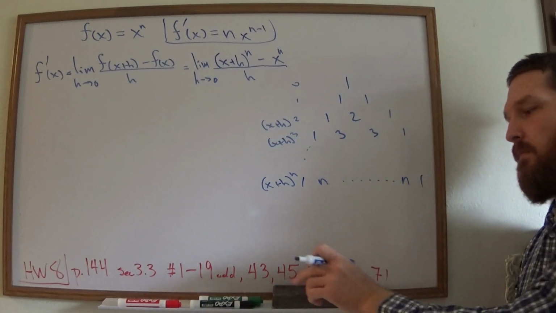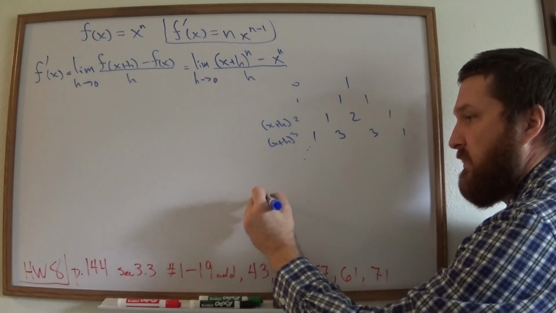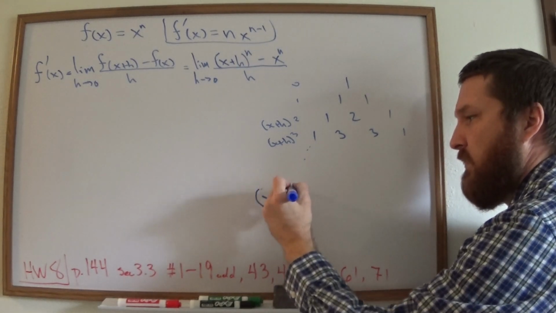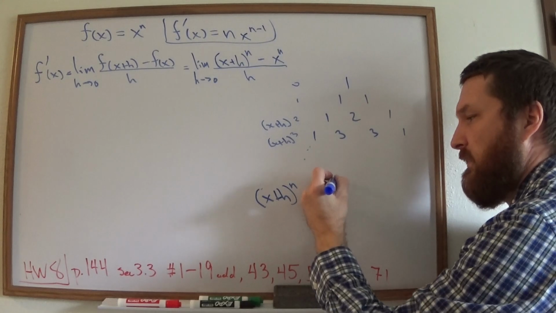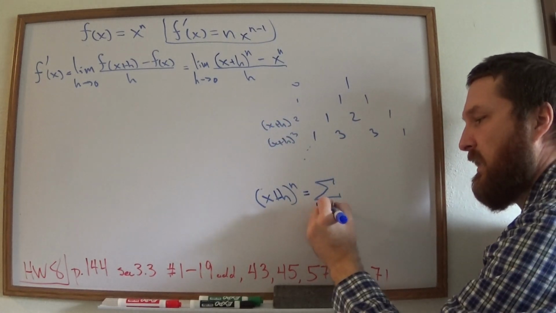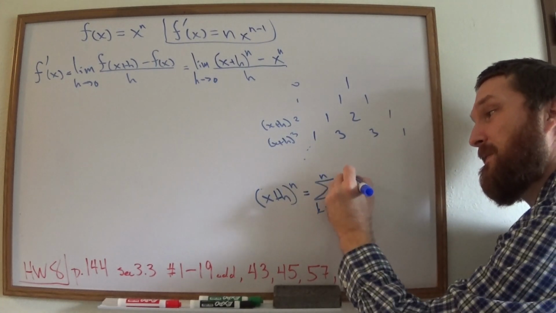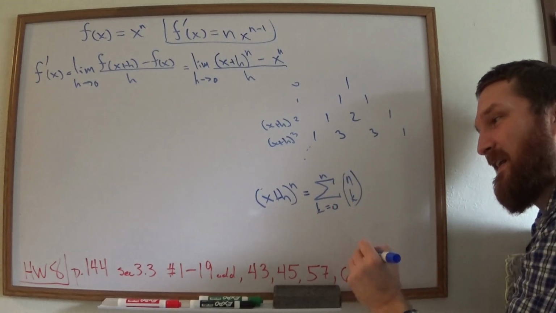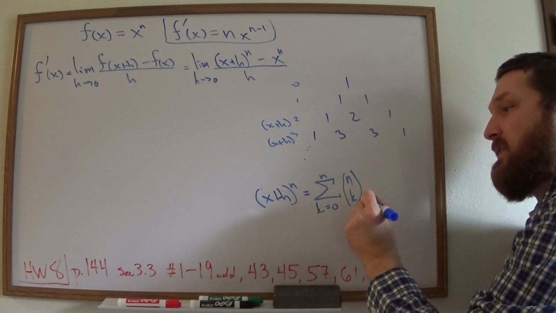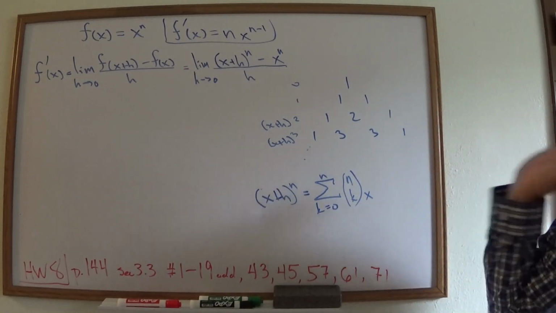We could also say, because we did this last year, okay, well first off, x plus h raised to the nth power, we write that as a sum. And I'm not going to write it as a sum up there, but let's just remember what this is. As k goes from 0 up to n of n choose k, x to the n minus k, h to the k. We could do this either way, but I want x to be the big power.